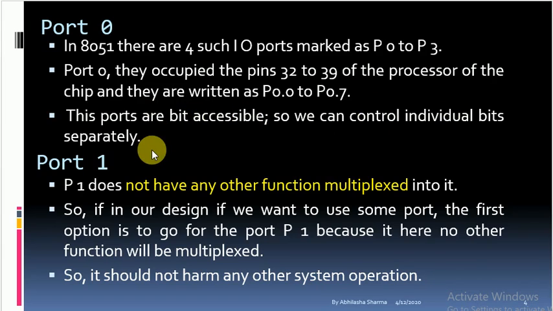It means we can program each pin separately. This is the basic difference between the microprocessor and microcontroller. In a microcontroller, we can program bitwise or bytewise, whereas in a microprocessor, we program only bytewise.